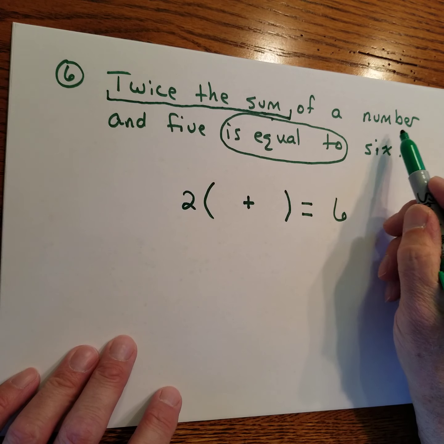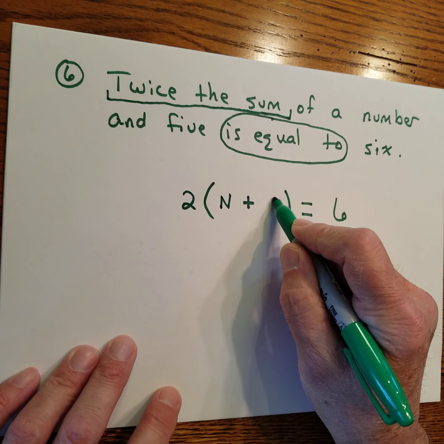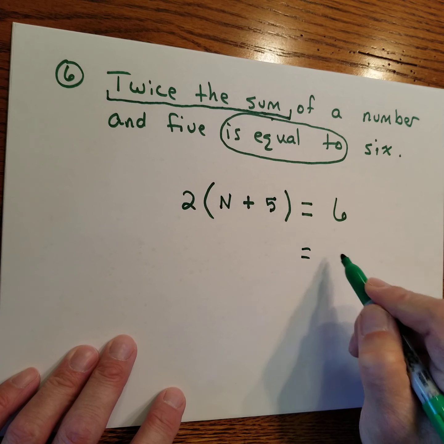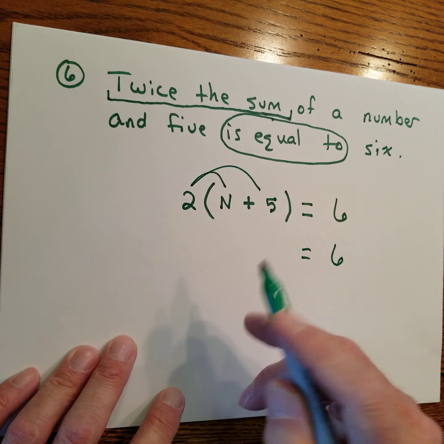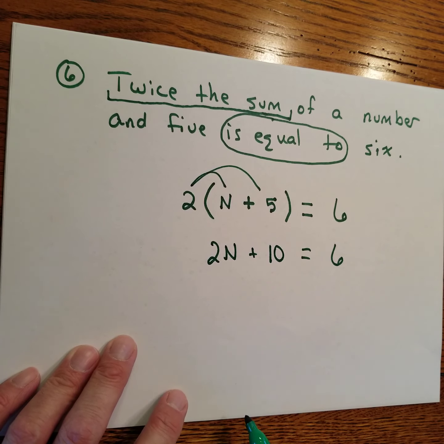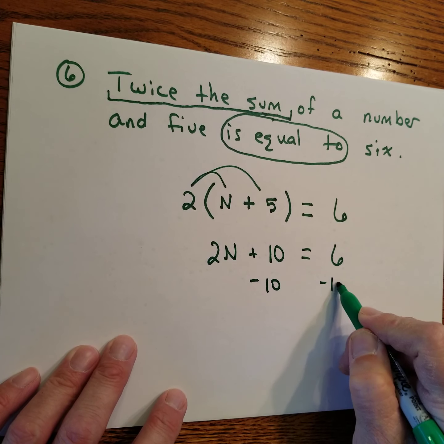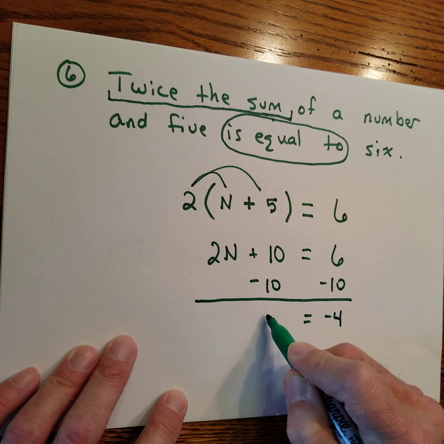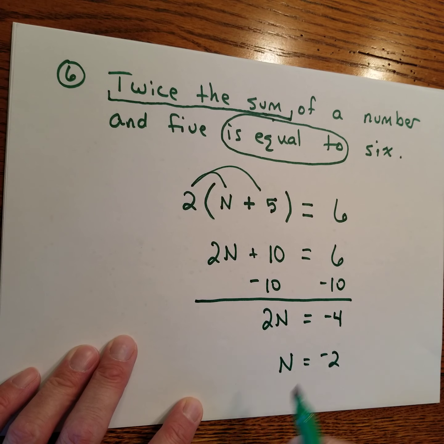Twice the sum of a number and 5. Now distribute the 2. 2 times n, 2 times 5. Inverse of addition is subtraction. And when I divide, my final answer is -2.